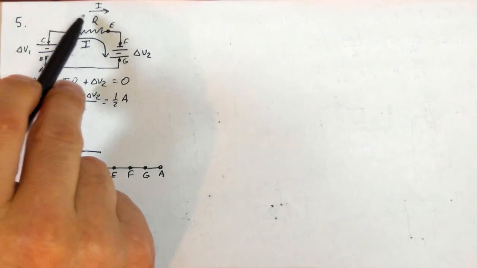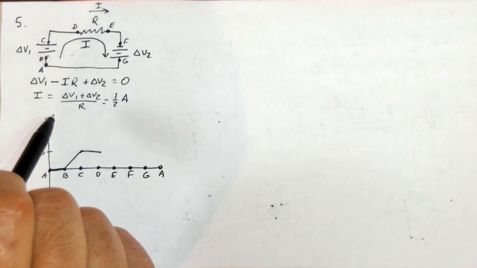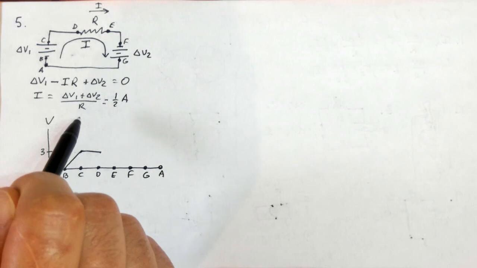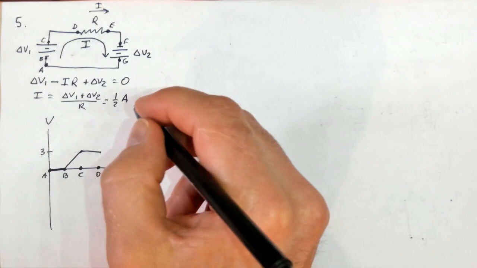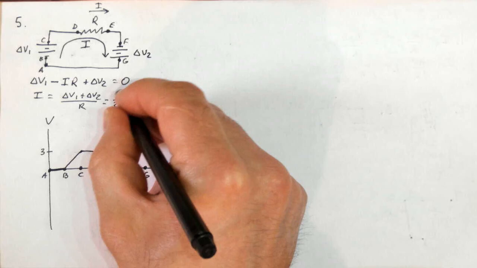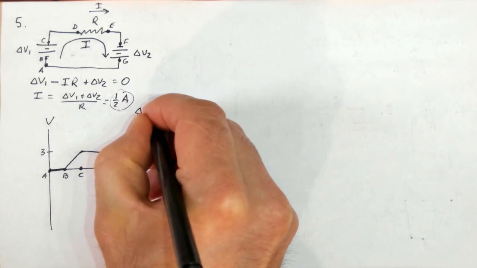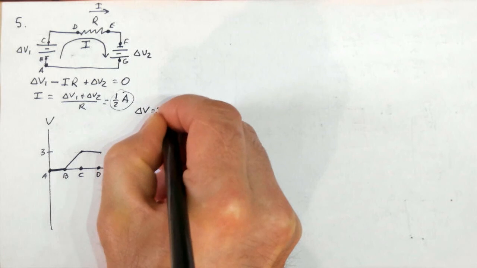I'm going in the direction of current, so I lose potential. Now to find out how much, I need to do another calculation. I can make a guess, but let's do the calculation as well. Now that I know the current, I can find the potential across the resistor. Delta V across the resistor would just be IR.